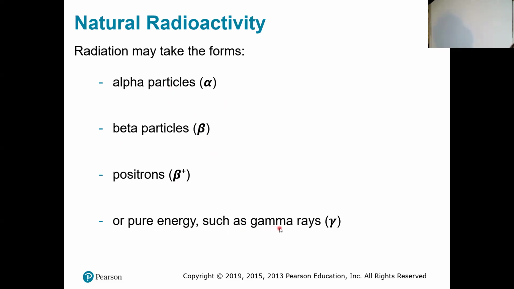Your gamma rays aren't going to exist as particles. Each of these three things exist as separate particles that you can sort of take account of in a nuclear reaction. But your gamma rays are less like particles. They're more just pure energy that's going to exist within these radioactive decay processes.